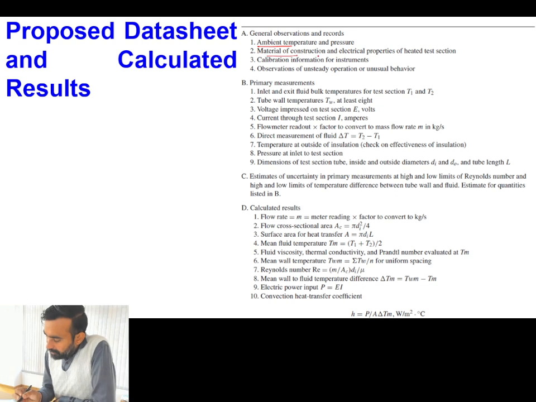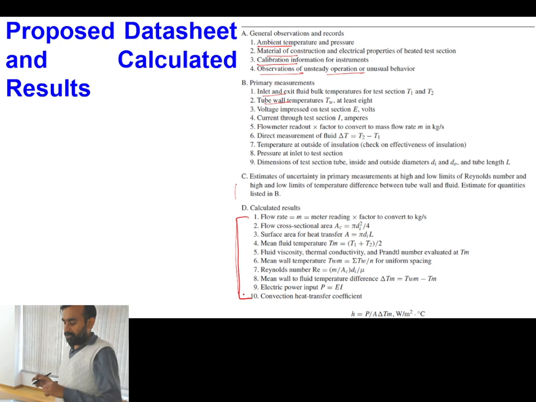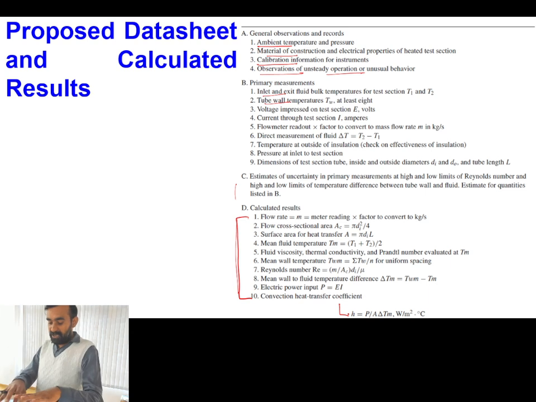We have to see what materials we are using, calibration of the instrument, particularly for uncertainty analysis, observation of unsteady operations or unusual behavior, then inlet and exit temperature, tube wall temperature. So all the parameters which we need to estimate, and then what calculation we need to do. So these are the calculated results finally to obtain the heat transfer coefficient. This is how detailed a sheet you have to prepare before starting the experiment.